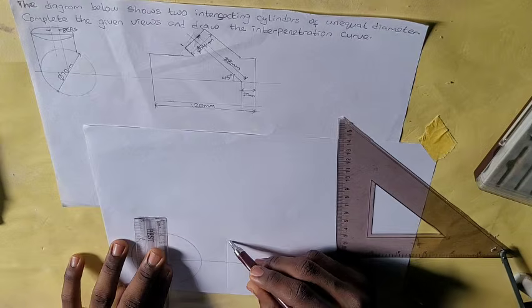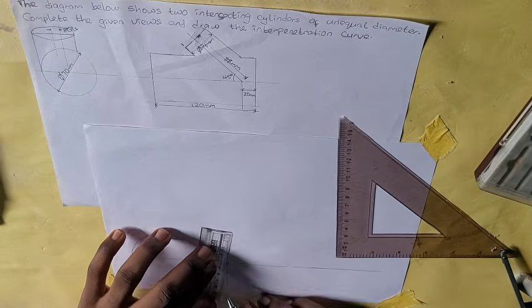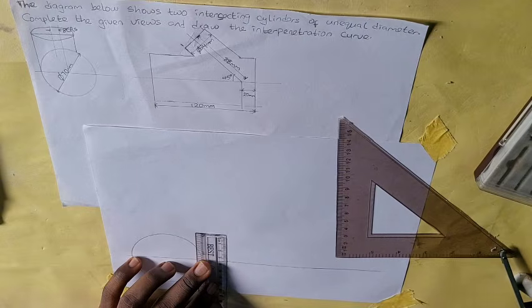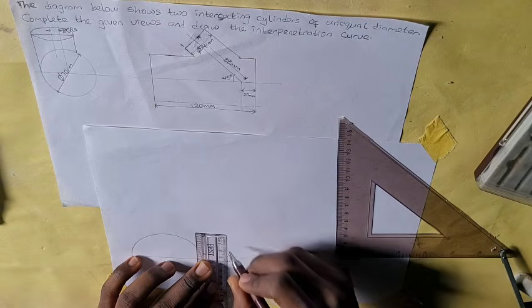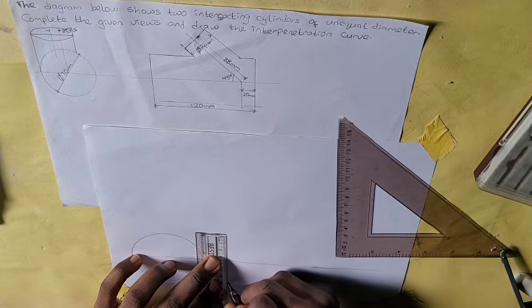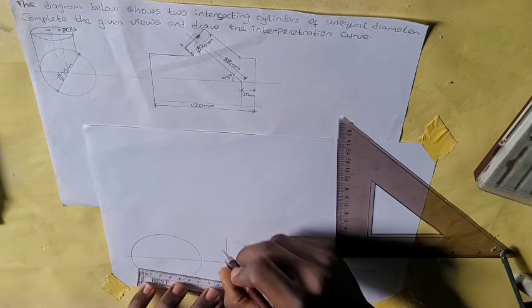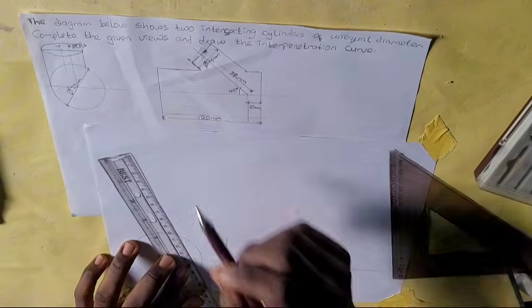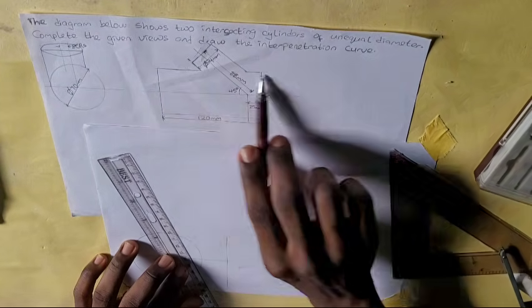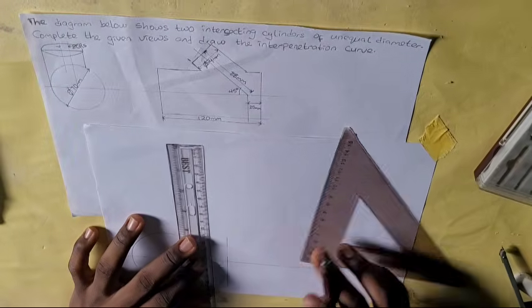I'm going to mark 35 millimeters up and 35 millimeters down. From these two points, I'm going to draw two lines like this.